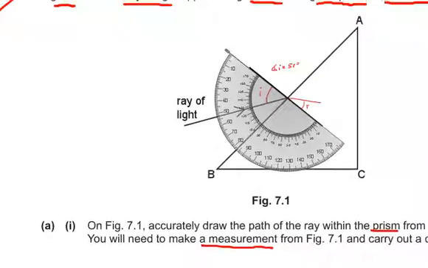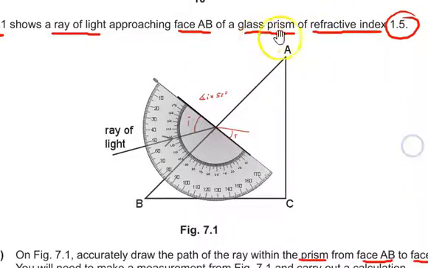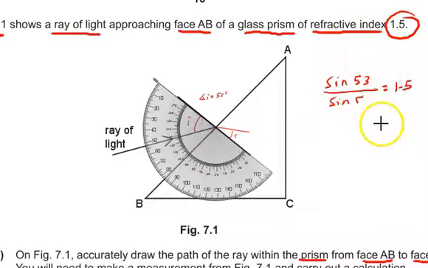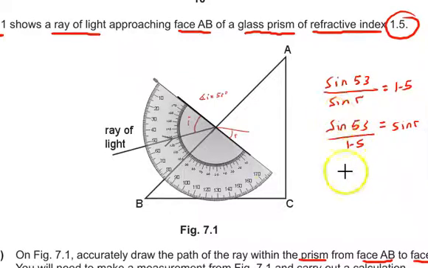They mentioned that the glass prism has a refractive index of 1.5, so we have to do the calculation. Sine of the incident angle, which is 53, over sine r equals the refractive index 1.5. So sine r equals sine 53 divided by 1.5, which is about 0.5324.